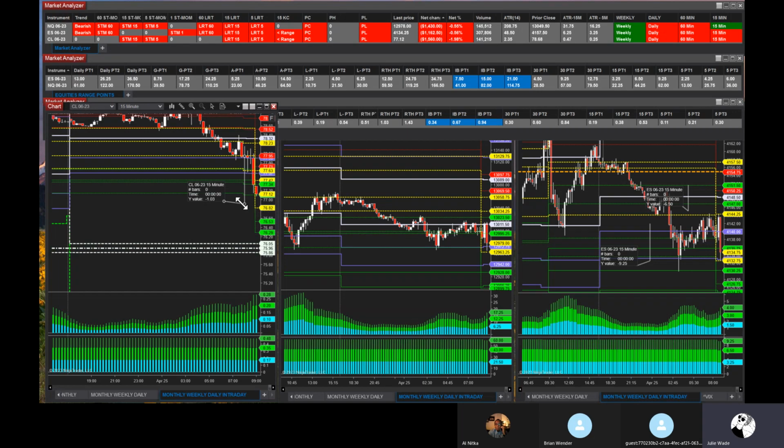So right here, that would take us down to this 1 hour IB at 76.82 when we break this. 1 hour IB on the close, we can go to the 1 hour IB on the open, going from 77.20 to about 76.89 currently. This is dynamic, so it changes.